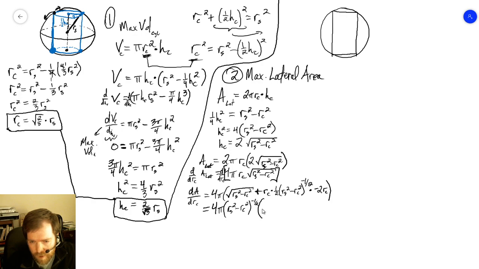So this is going to be rs squared minus rc squared, as is. This stuff is all going to be gone. So rs squared minus rc squared raised to the negative 1/2 has been factored out. And then we're left with a 1/2 times a negative 2, which is going to be a negative 1 times rc, so rc squared.